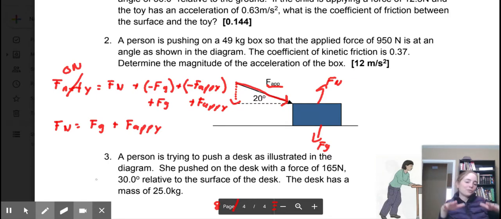That means when you're pushing down on an object, you're going to have increased force of friction. Which makes sense. You have all pushed stuff around before. And if you're pushing things around and you're pushing down on it, it's going to drag and it's going to be a lot harder to move. Whereas if you're moving something and you pick it up a little bit and apply an upward force on the y, it's going to reduce your normal force, which is therefore going to reduce your force of friction.